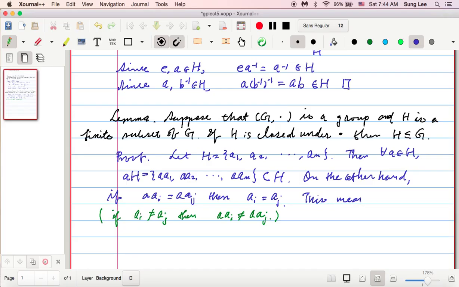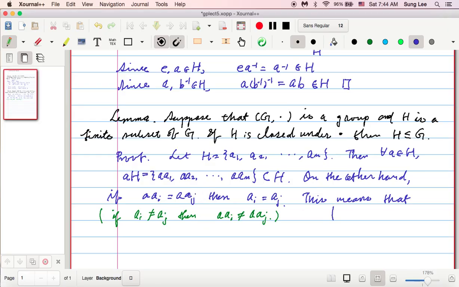What it means is that A times H has exactly the same number of elements as H does. Right.